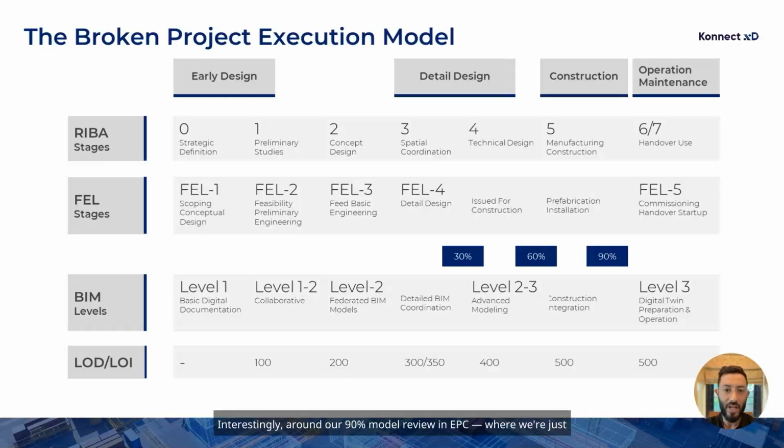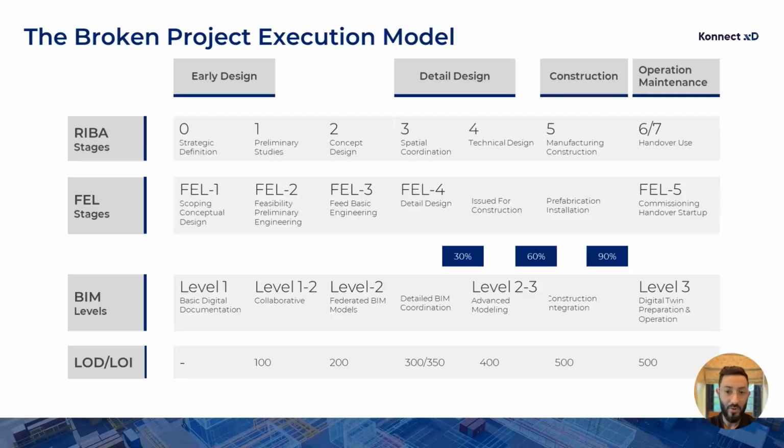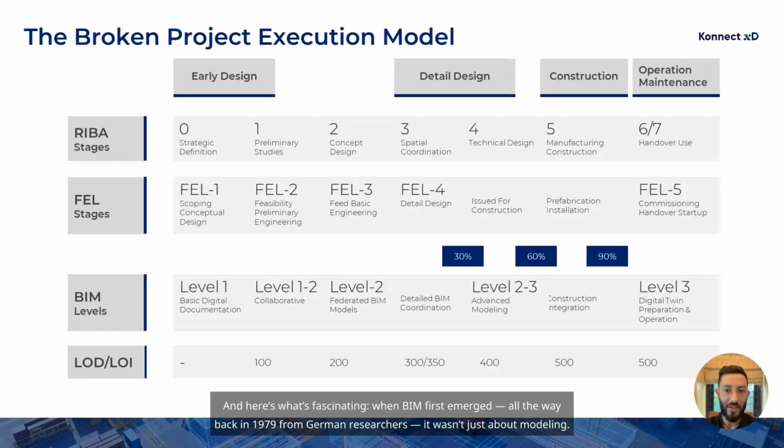Interestingly, around our 90% model review in EPC, where we're just issuing construction drawings, BIM has already reached what they call LOD 400. That means the model is already fabricatable and installable. It's construction grade. And here's what's fascinating.